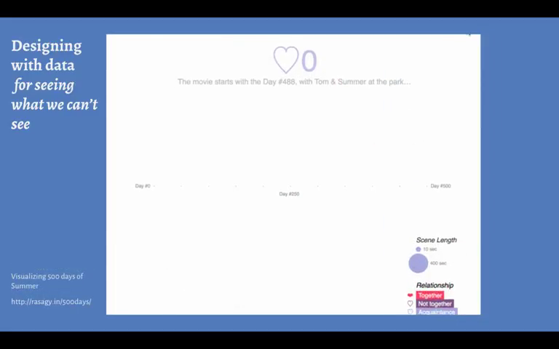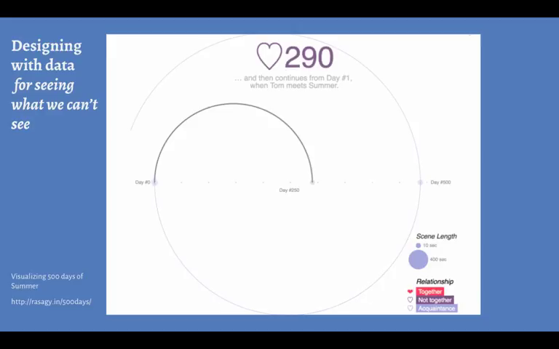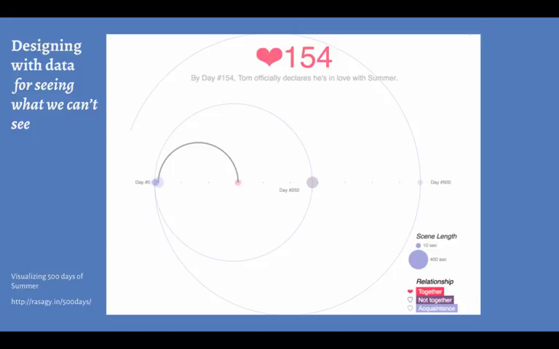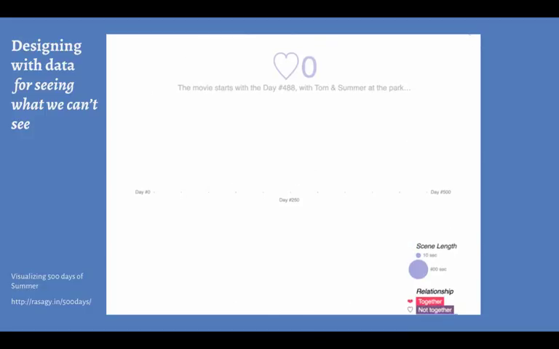A similar project was something that I worked on, where I looked at this movie called The 500 Days of Summer. I'm hoping some of you have watched it. It's a non-linear movie, which means that the movie is not shown in chronological order. It is shown with days, sometimes way forward, sometimes way backward.